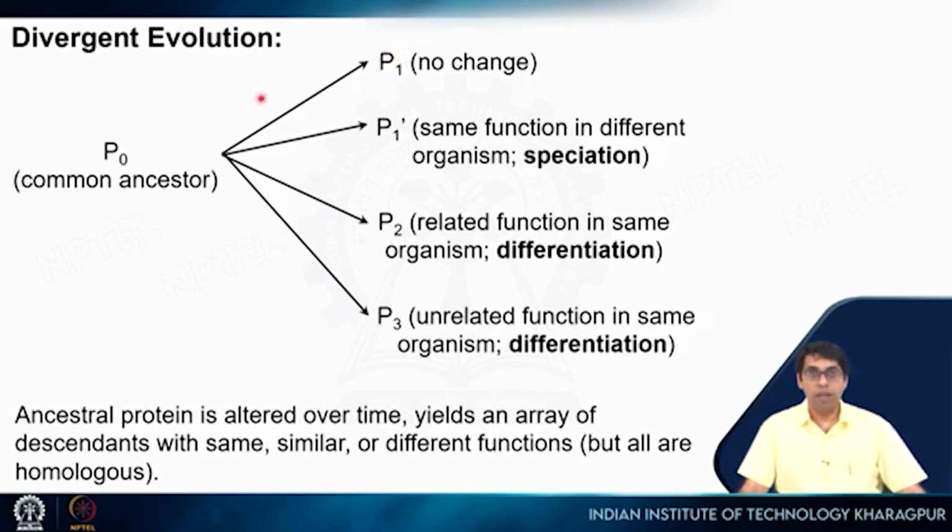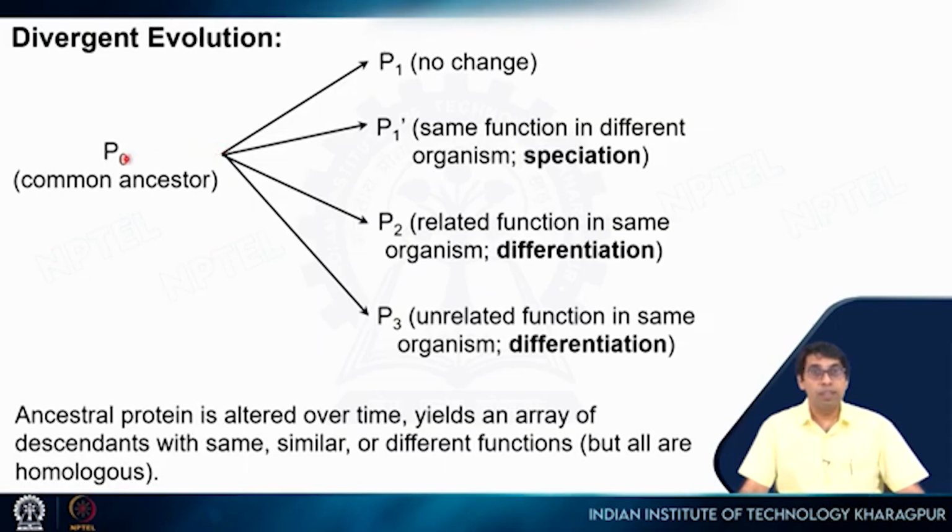Let's say this ancestor originated maybe a billion years back, and this is the present time. So the same ancestor is there, with no change in the protein. However, a new species can form where this protein is changed slightly, yet it performs the same function in a different organism. This is called speciation. It's the same protein; the sequence has changed, but the function remains the same.